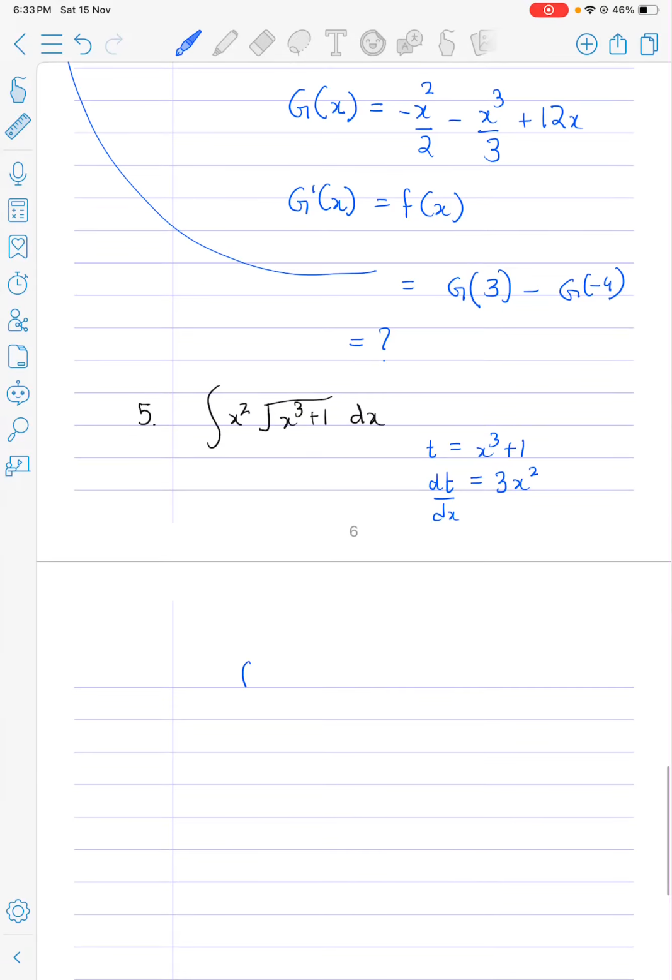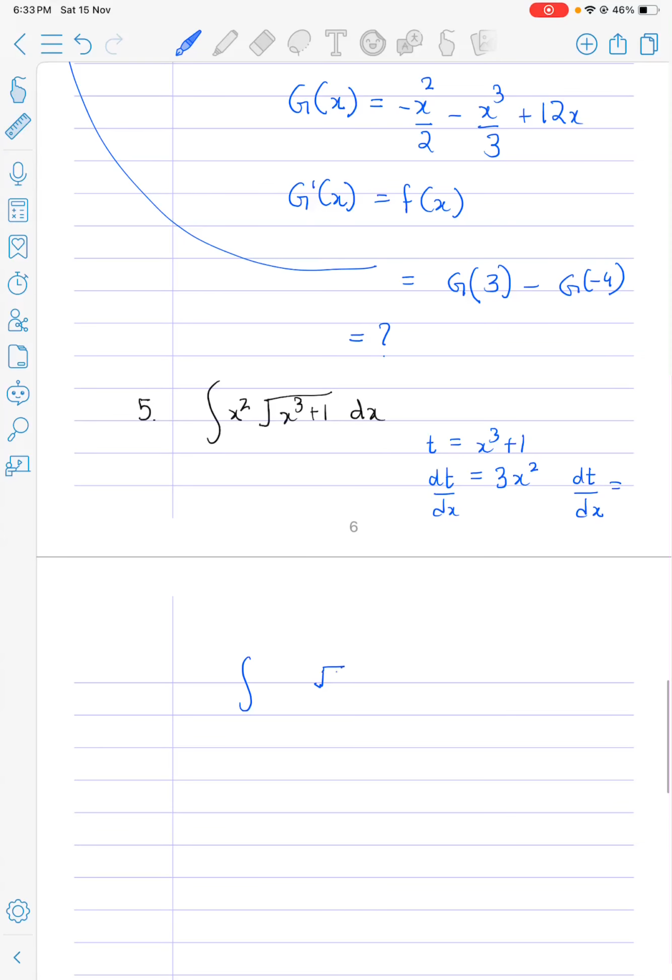So I can write the integrand as root t, and then x square dx will be 1 by 3 dt.